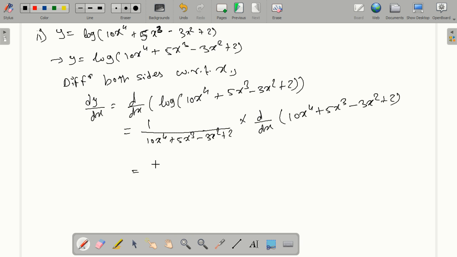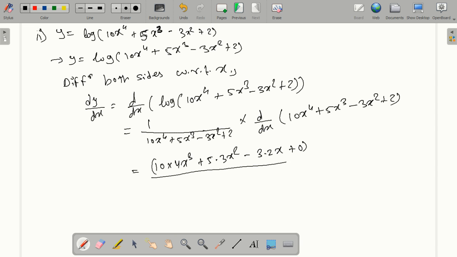It will be 10 into 4x cube, right? This is of the form x raised to n, so n into x raised to n minus 1, which is 4 into x raised to 4 minus 1, which is 4x cube. Similarly, 5 into 3x square minus 3 into 2x, right, plus 0.